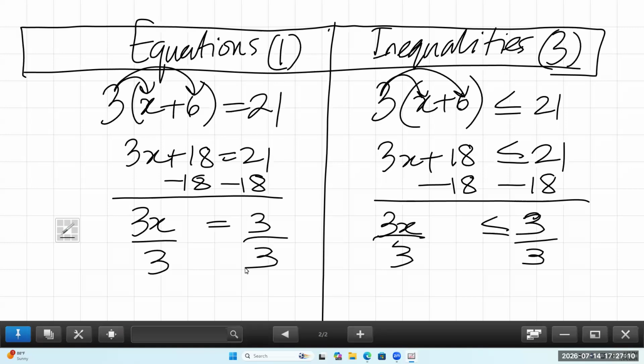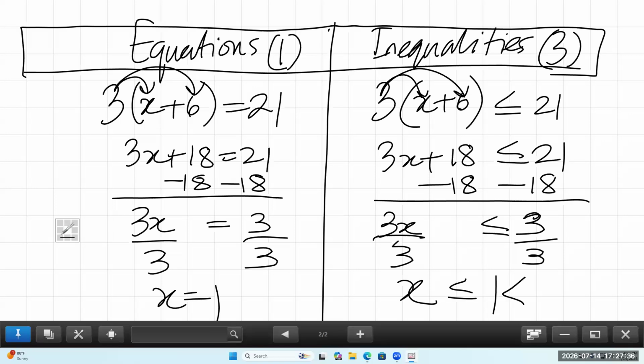I've never really taught these side by side before, but I think this is something people should keep in mind. You're using the same muscle to do these problems. After we do that, we get x is equal to 1, or in this case, x is less than or equal to 1.